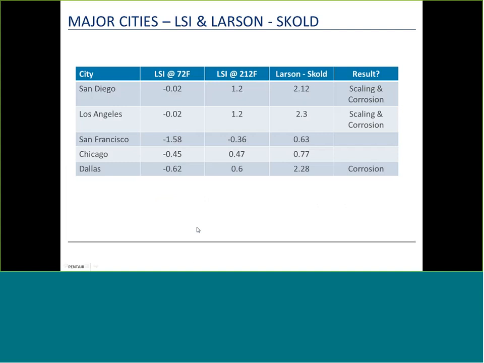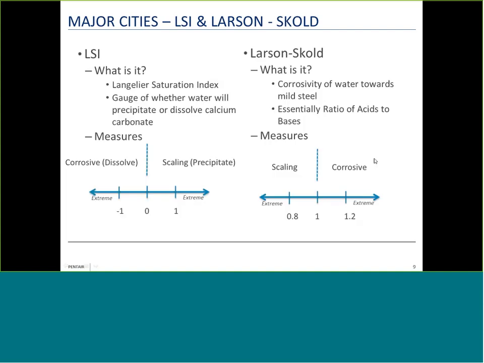Now, here's some major cities with their Langelier Saturation Index and Larson-Skold Index. And it's pretty interesting that in San Diego, your water starts out at room temperature slightly corrosive to calcium carbonate. But as soon as we get near boiling, this water becomes scaling. And this Larson Index is extremely positive, 2.12.